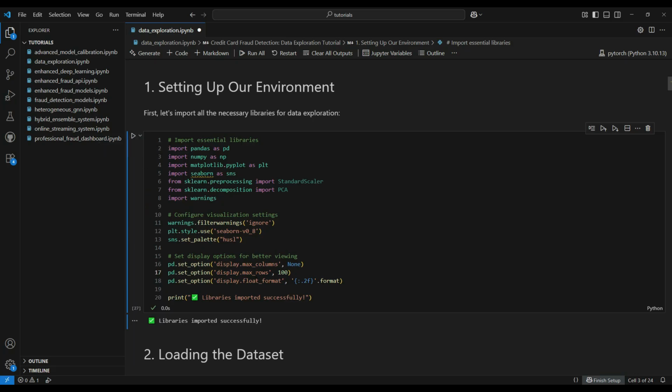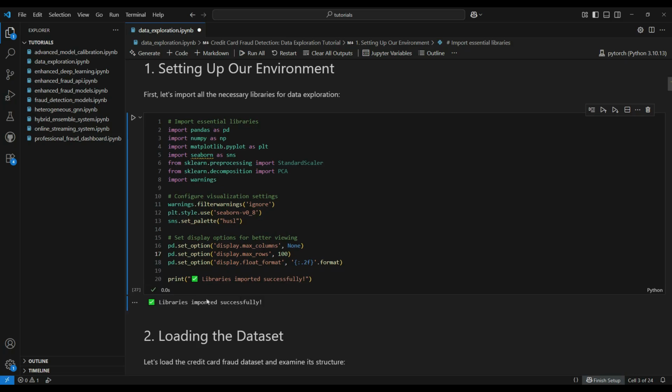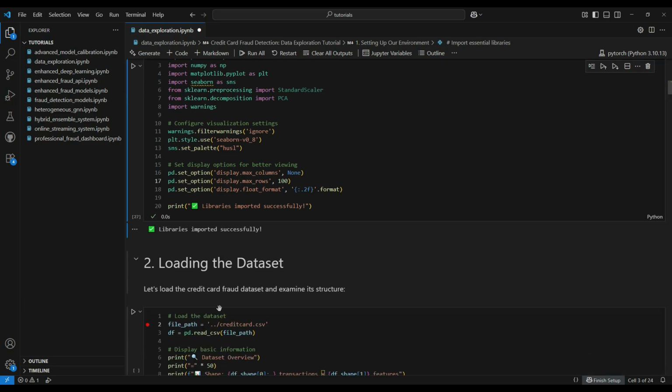I'm also setting up a nice visualization style using the seaborn style and the husl color palette. This makes our plots look more professional. And I'm configuring pandas to show all columns and format numbers nicely with two decimal places. Great, the libraries imported successfully.